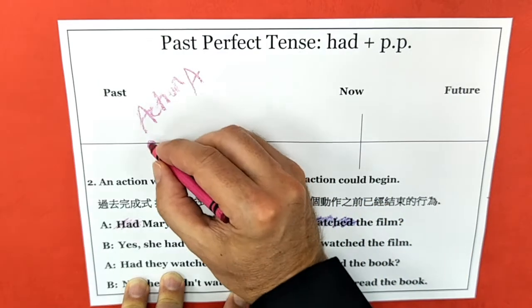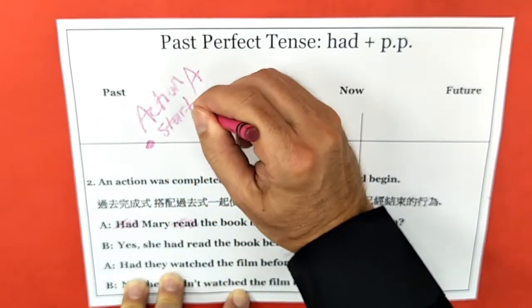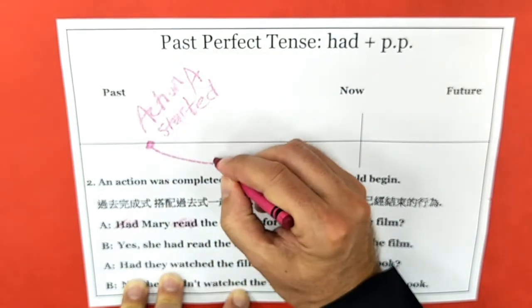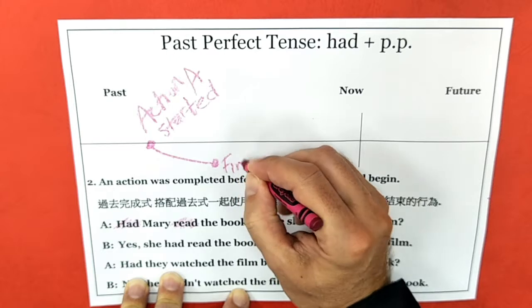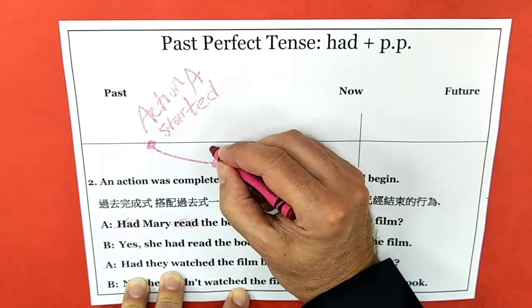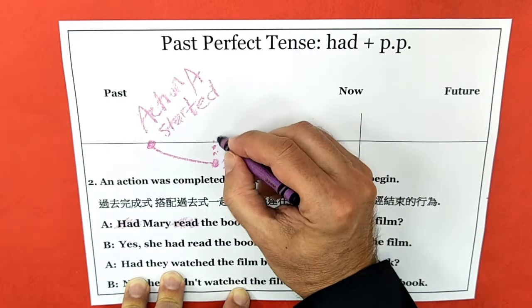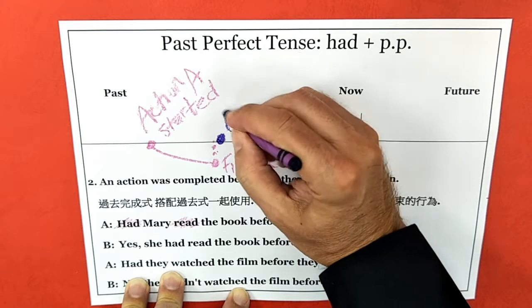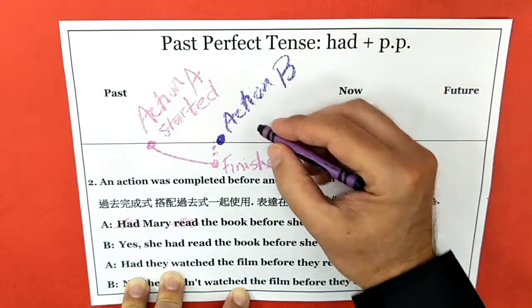That action started, and it finished, and when it finished, this action B could start.